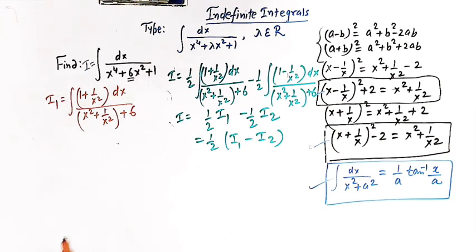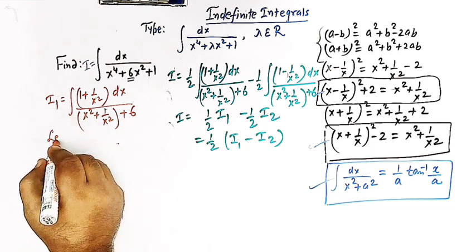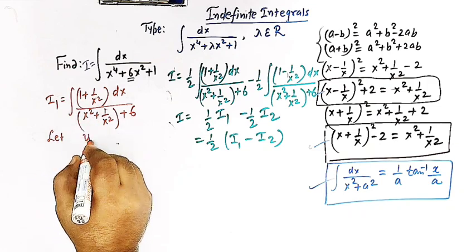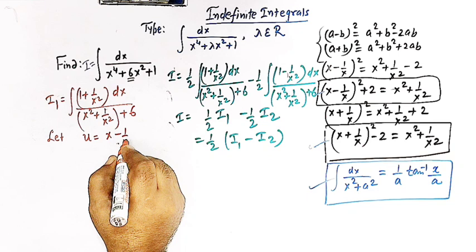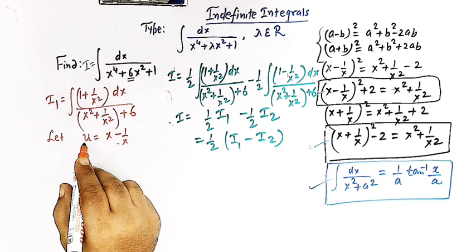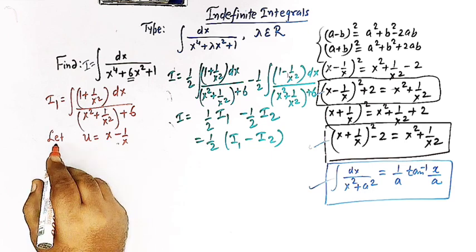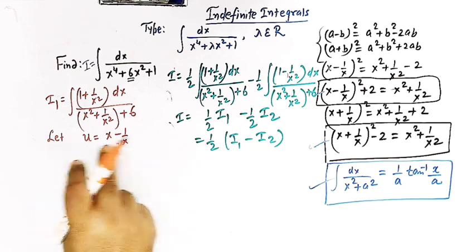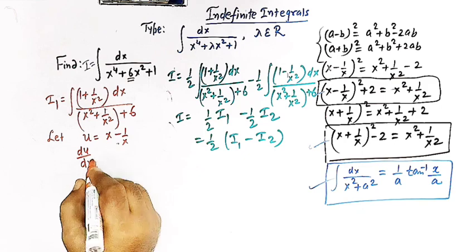Now to solve I1 and I2, we will make use of the method of substitution. So here we have I1. Let us substitute u is equal to x minus 1 over x, right? When we take u is equal to x minus 1 over x, and differentiate both sides with respect to x, we have du over dx.